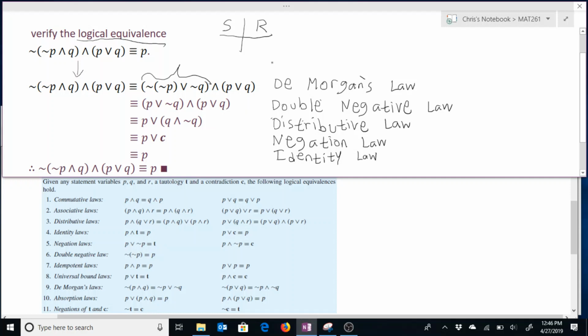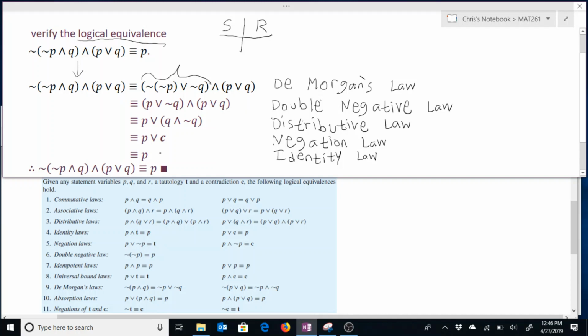And then finally at the end, we have shown that logical equivalence, just restating the first line and this bottom line as: therefore the negation of (not P and Q) and (P or Q) is logically equivalent to P, and then this box just symbolizing the end of this proof.